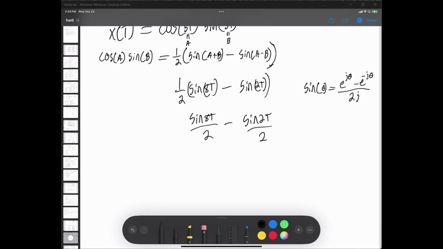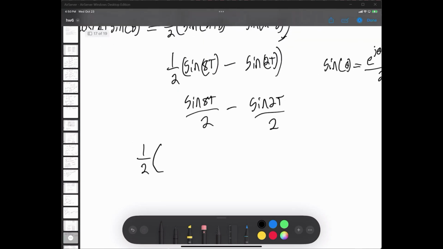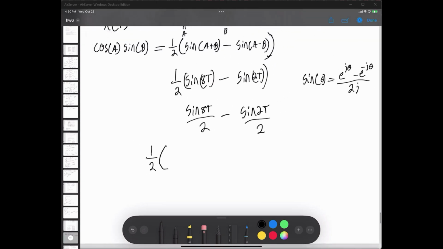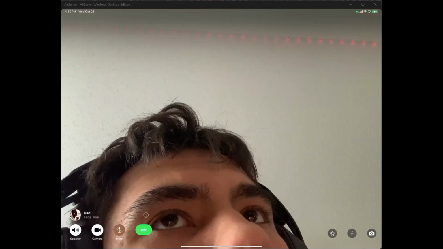So if we factor out this 1/2, we can convert it directly. E to the j theta, where theta is at. E to the j a t over 2j.